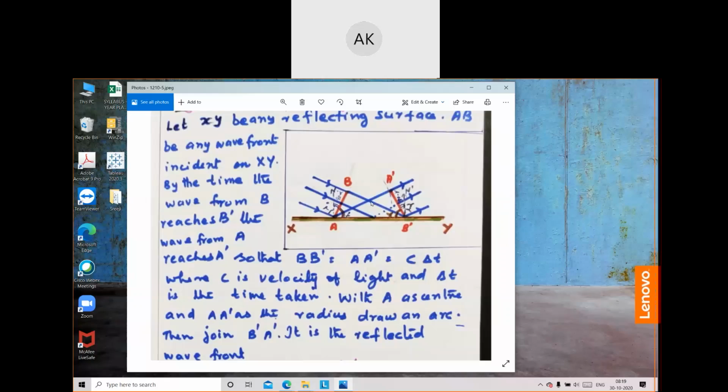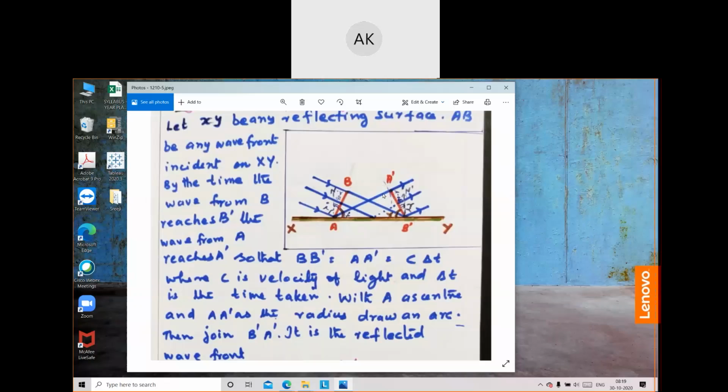Okay. Now this wave's position we got. This wave already reached here. By that time, the wave from A reached here. So in order to find the position of the secondary wavefront, with A as center and A dash as radius, you draw an arc. How do we find A dash?